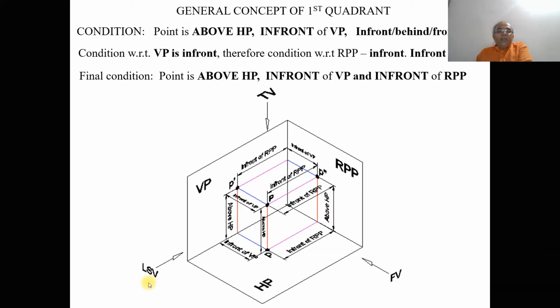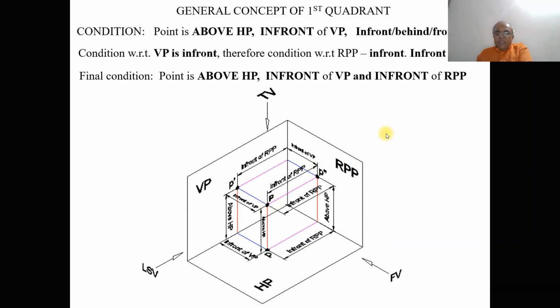When you look from the left side view, the point is between the right profile plane and the viewer. That means the object is between the plane and the observer. When you look from the right side view, the plane is between the object and the observer.